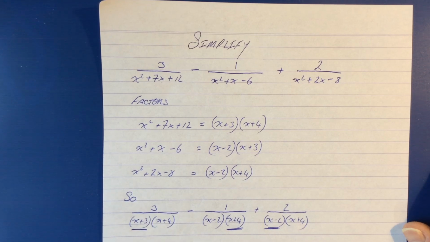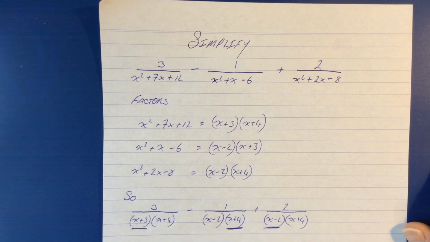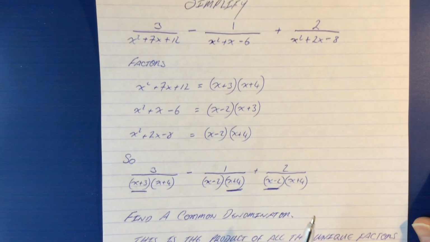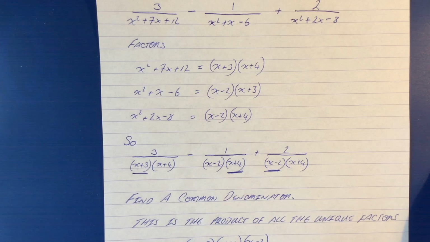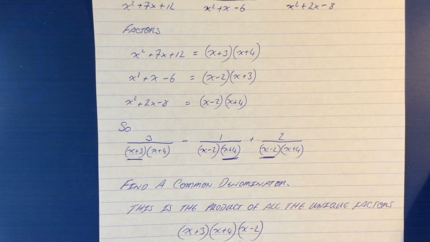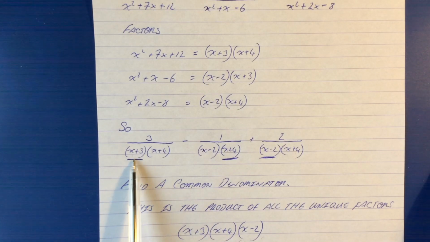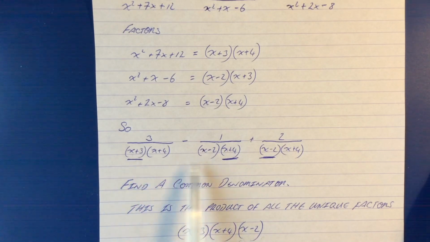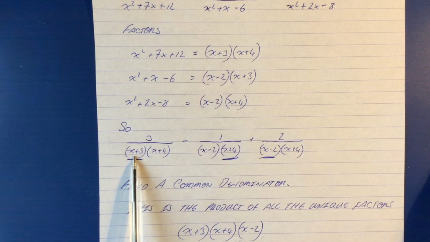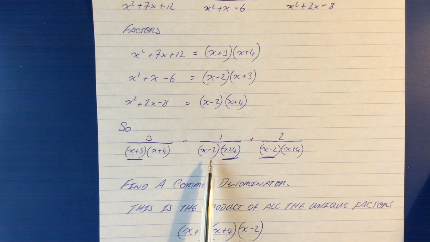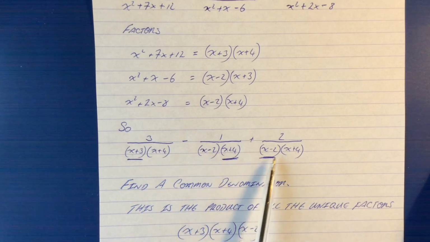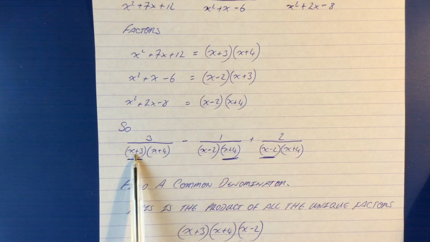So how do we find a common denominator when faced with this? Well, the underlinings give us a clue. What we do is we look at the unique factors. Now, x plus 3 doesn't appear anywhere else here, so that's unique. X minus 2 does appear in 2, but not in all three.